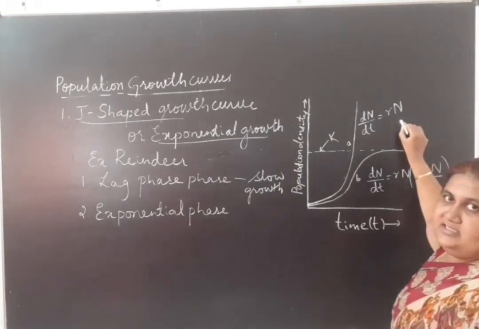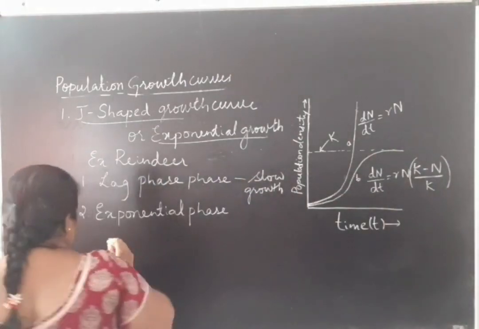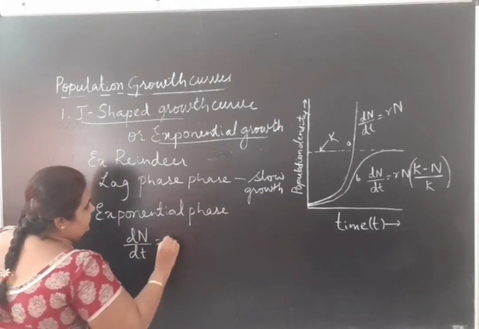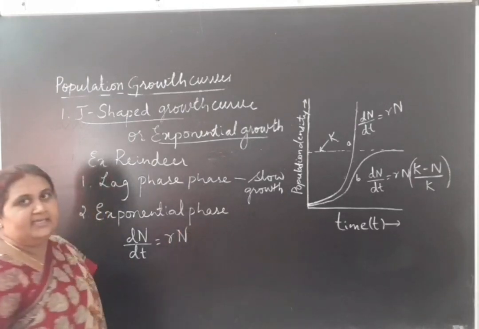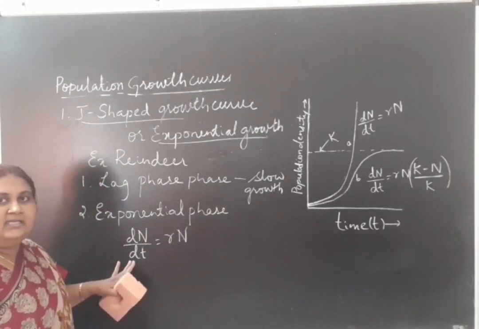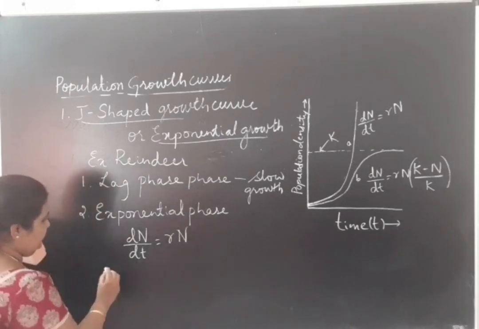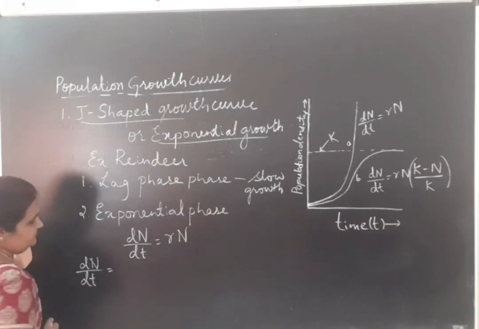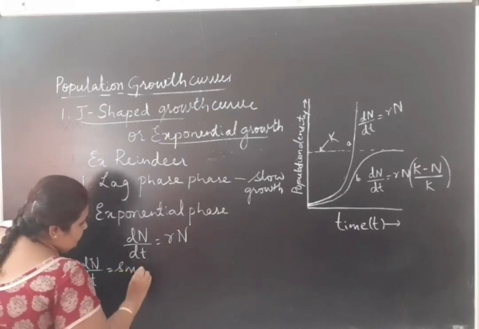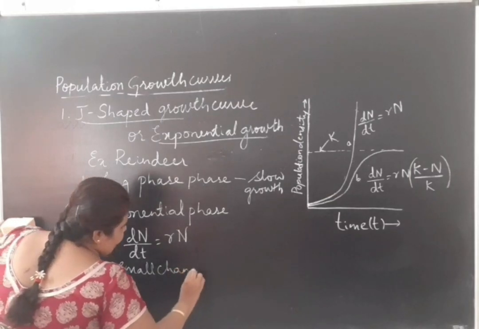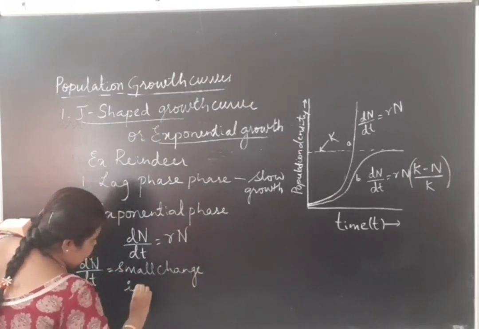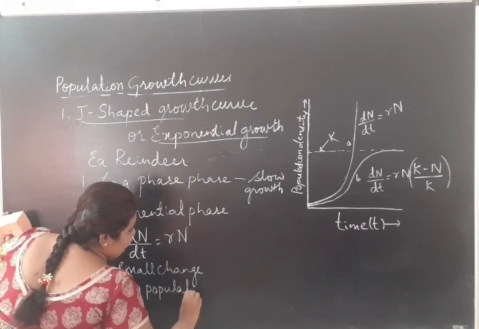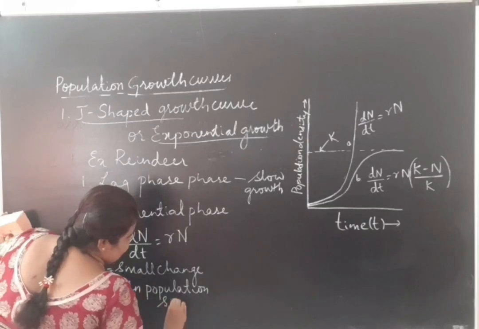What do these represent? dN by dt is the small change in population size, or rate of change in population size.